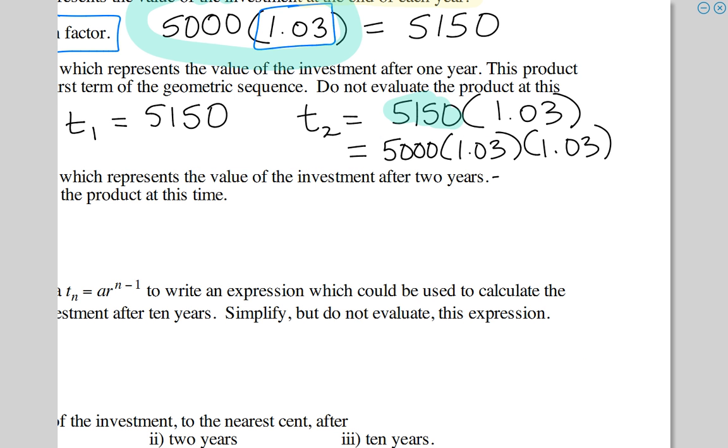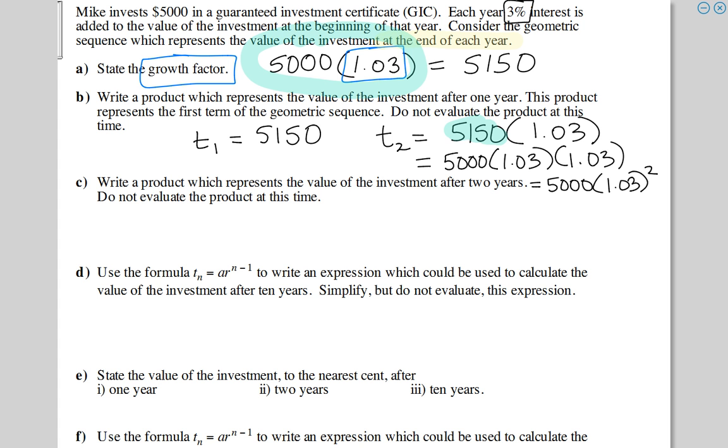So compound interest is a little bit different than your standard sequence formula. This should be weird to you at this point. So all this is down in here for part C.